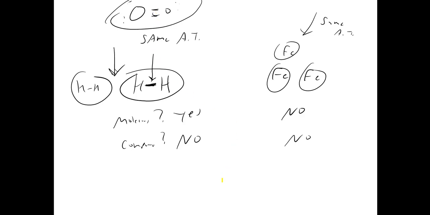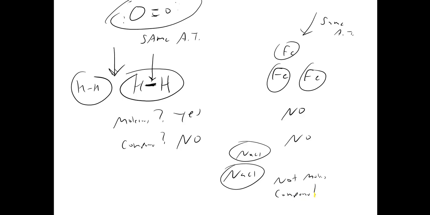On the other hand, you could have something that looks like this, NaCl. It has physical binding forces in between, so it is not a molecule. On the other hand, it is a compound because it has different atom types, or 2 or more atom types.